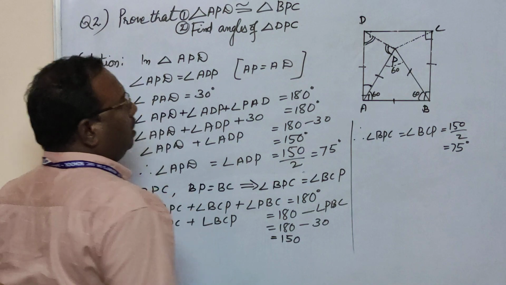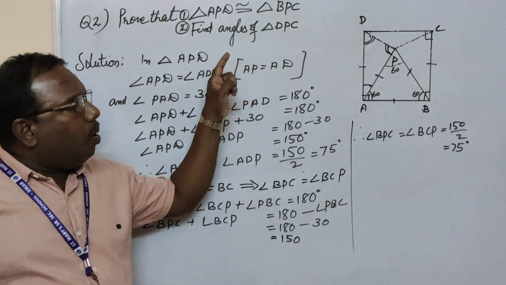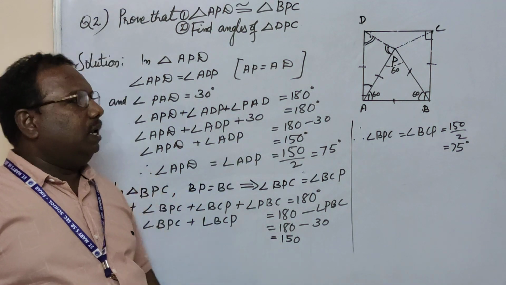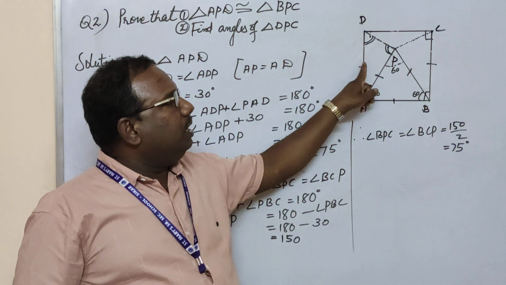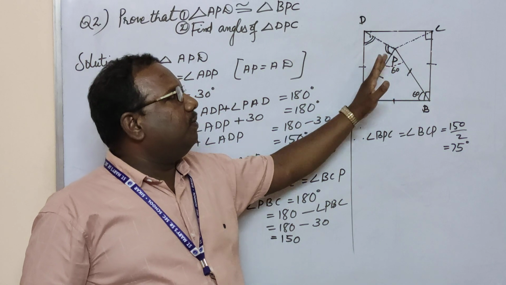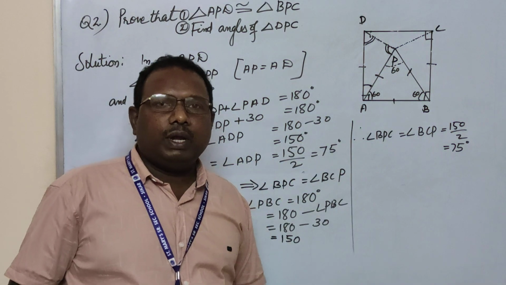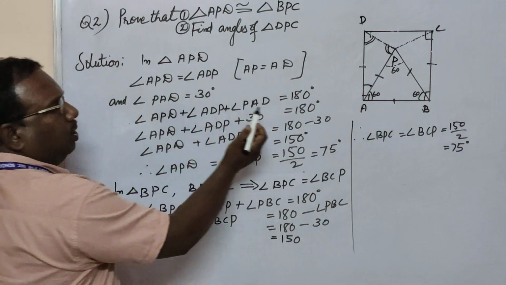Why? You know, in a triangle, angles opposite to equal sides are equal. This AD equal to AP, therefore angles opposite to them are also equal. And angle PAD equal to 30 degree.